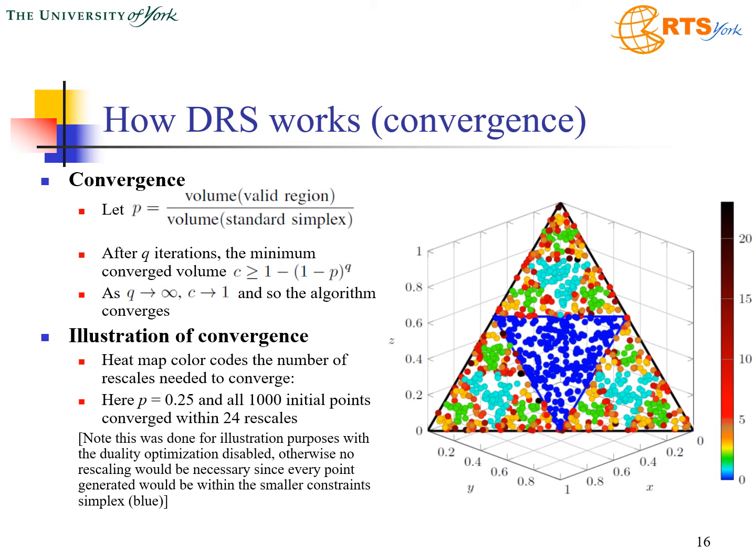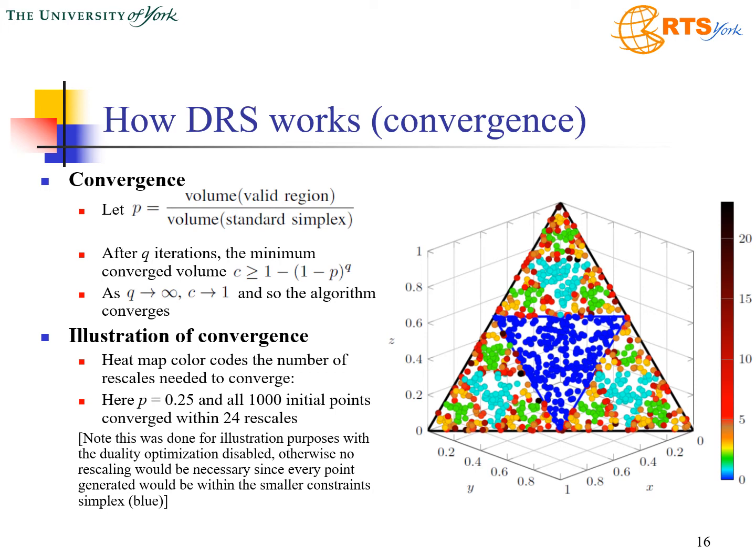The final thing is to ensure that it converges, that these transformations cannot continue forever. And this is shown in the paper. As an illustration of convergence, we can look at a heat map of the initial points. The diagram on this slide colour codes how many rescale operations are required before the 1,000 different initial points move to within the valid region.